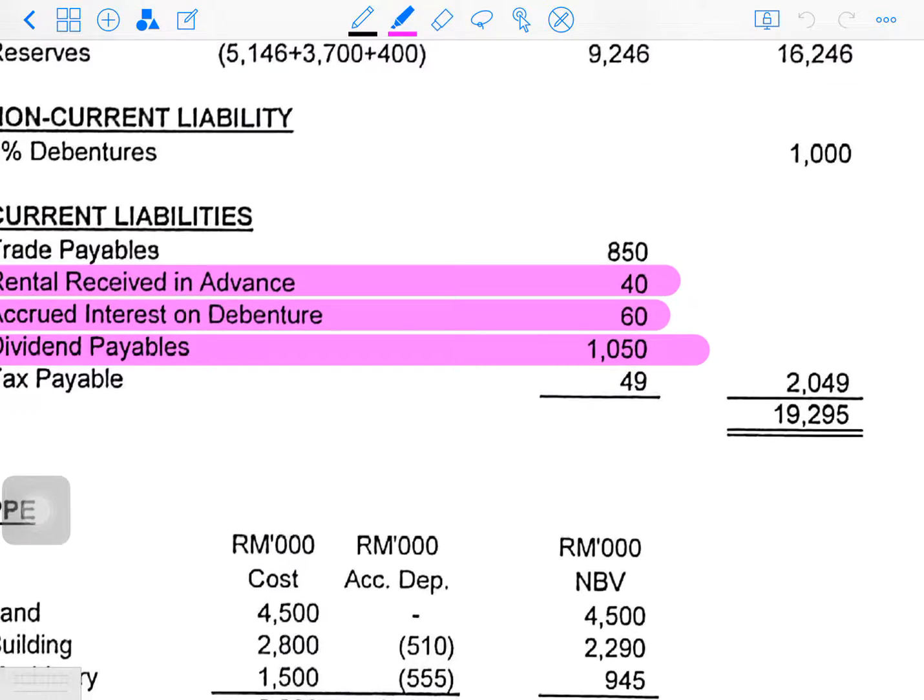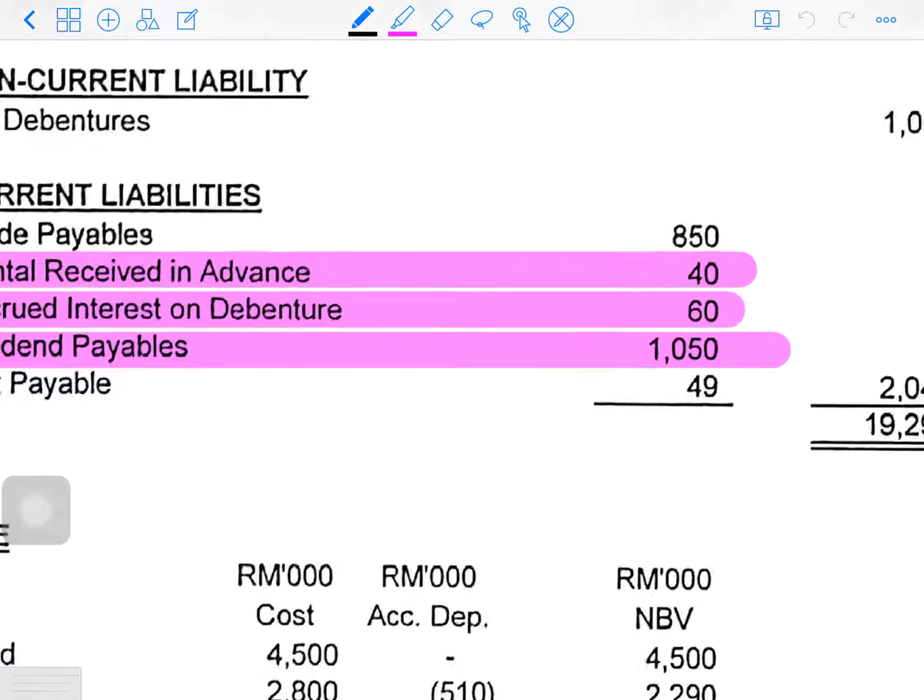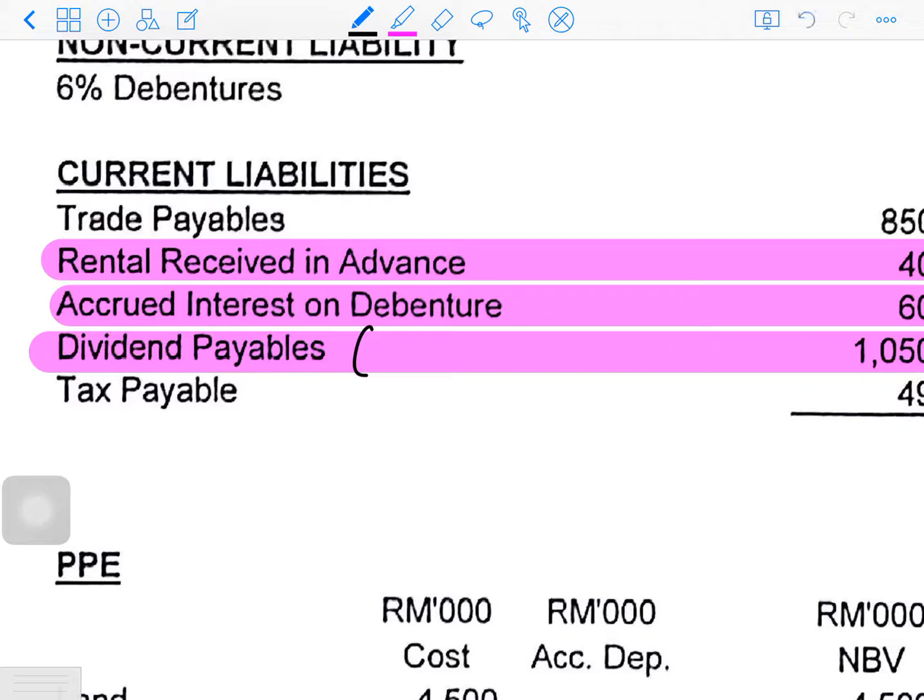So for dividend payable here, you have 1 million ordinary dividend plus 50,000 preference dividend.